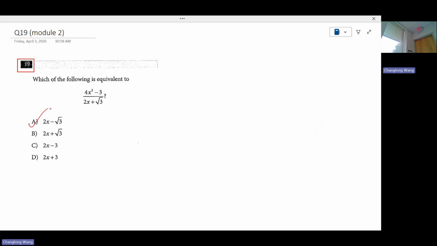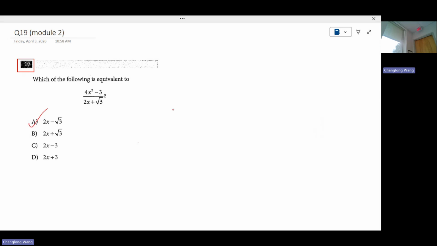Maybe you realize that the top can be factored in a way, or you recognize the denominator, however you do it. But one of the best ways is just to set x to 0. If you set x to 0, that kills all the first terms, right?